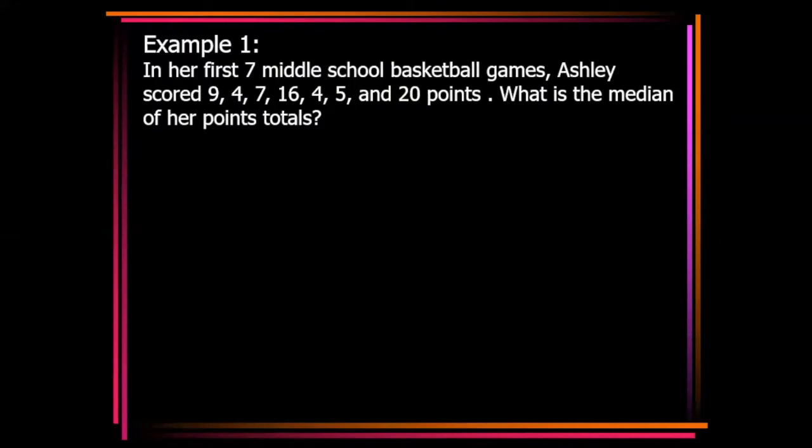So example 1, in her first 7 middle school basketball games, Ashley scored 9, 4, 7, 16, 4, 5, and 20. What is the median of her points? Our first step tells us to order the numbers from least to greatest.